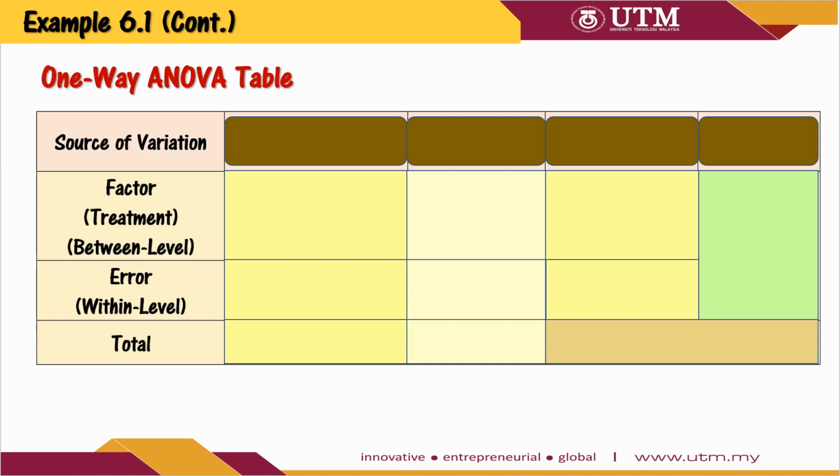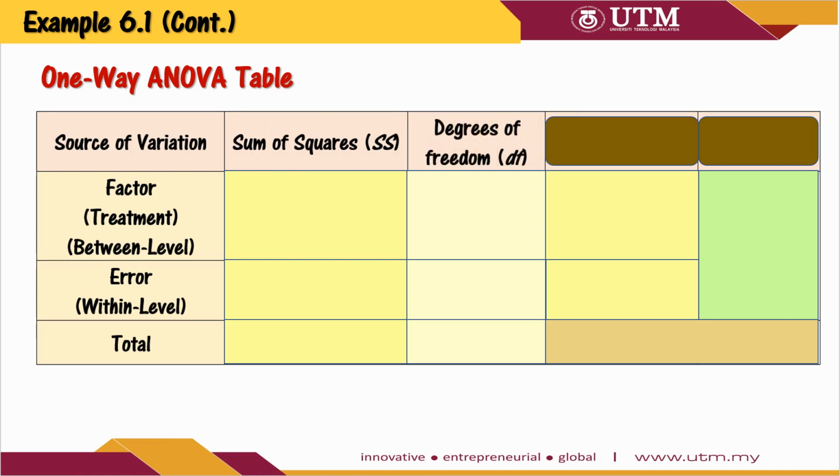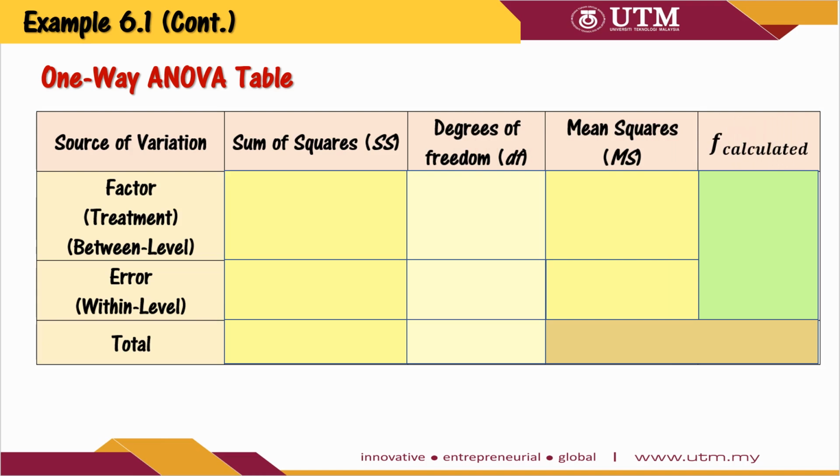The first column is for the source of variation, which can either be for the factor, error, or the total source of variation. The second column is for the calculated sums of squares, followed by the third column for the degrees of freedom. The fourth column is for the mean squares, and finally, the column for the calculated F ratio or the F-test statistic value.